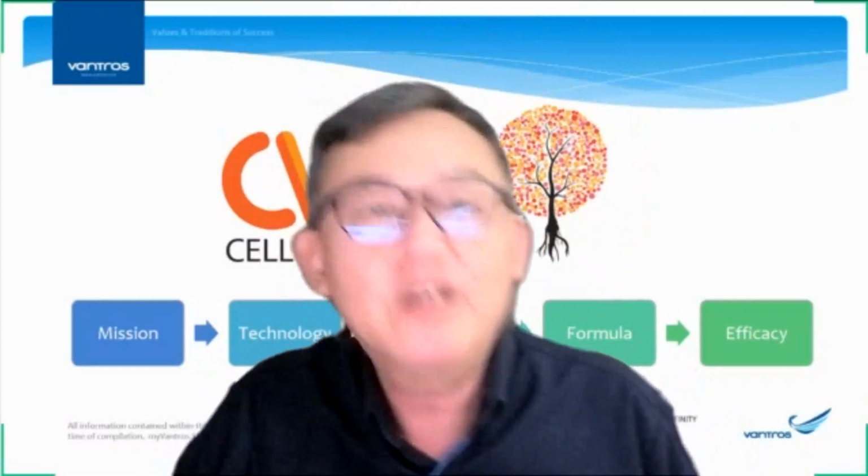Yes, Steve. Pomegranate is also in the CV8. Let me check my screen. I try to look for the CV8 slide, and I can show you. Okay, let me share my screen for you, Steve.